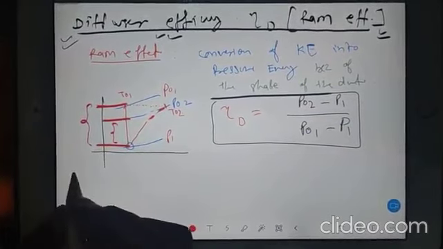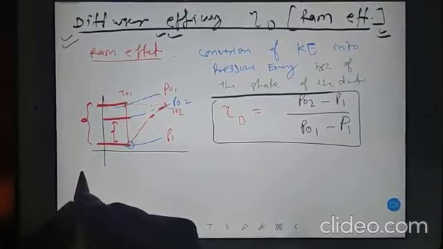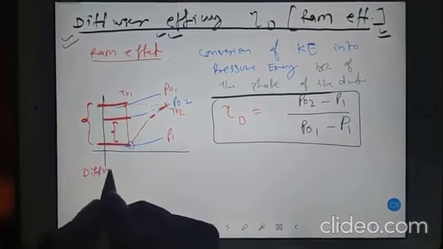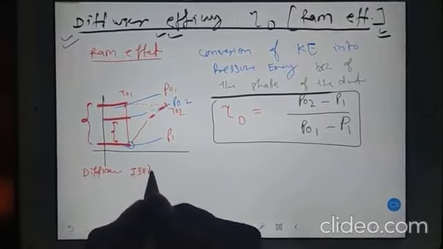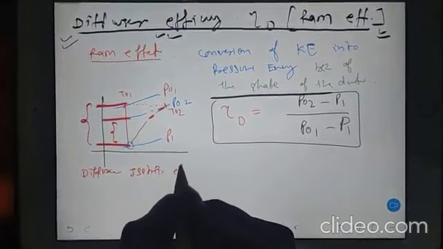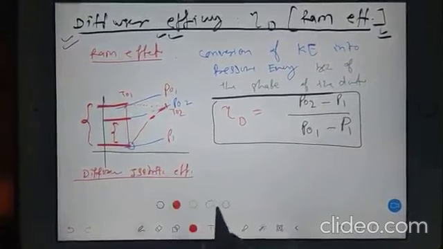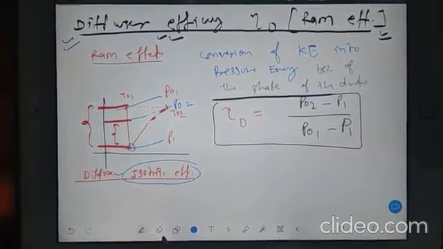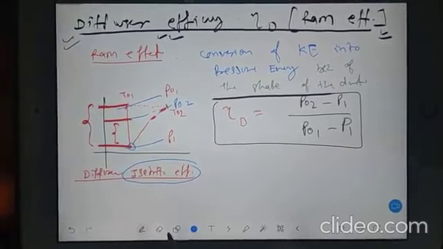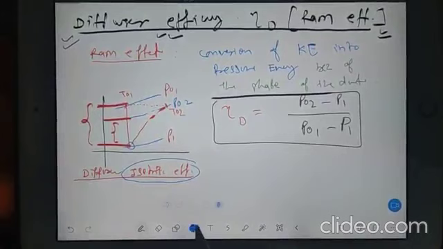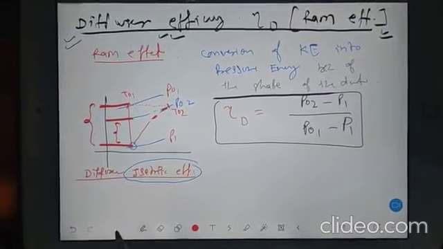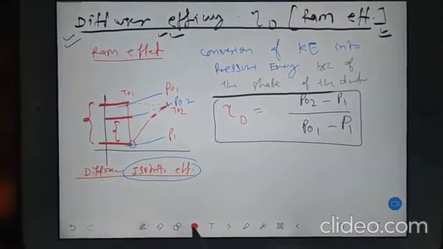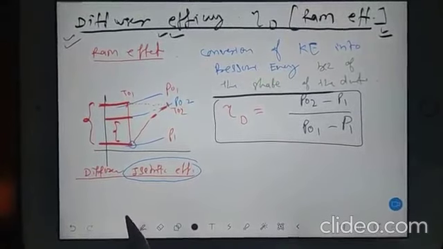Now you go for diffuser isentropic efficiency. Always remember, whenever the name isentropic efficiency comes, these efficiencies are given in terms of temperature. Now you see how to bother about temperature. The concept is very easy.